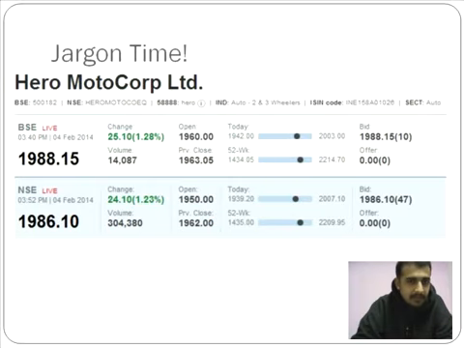Don't get me wrong, BSE also uses computers for trading. However, BSE uses broadband connectivity, while NSE uses satellite connectivity. Think of it as BSE using a 2G connection, while NSE is using a 4G connection. That's how quick NSE is when it comes to trading.